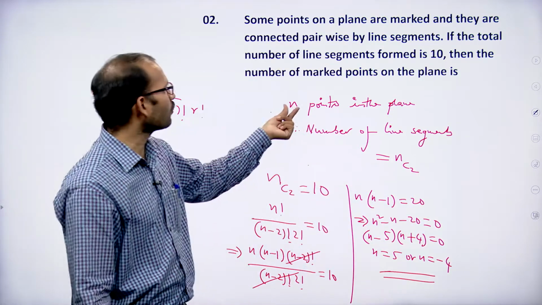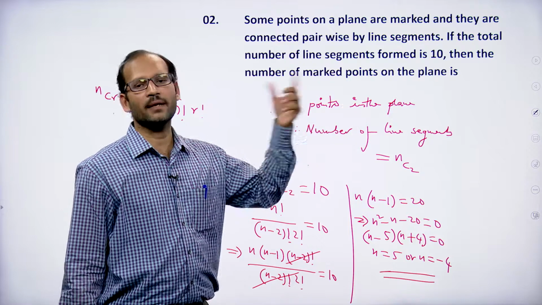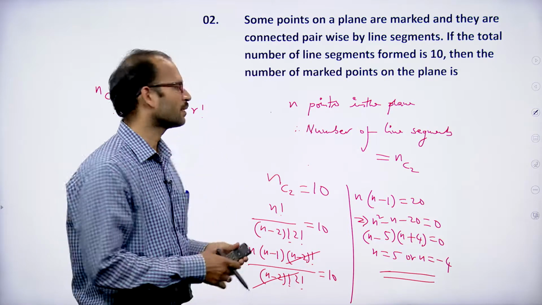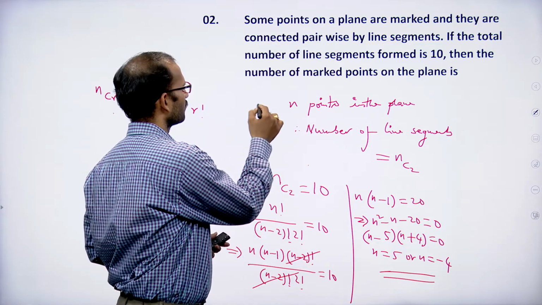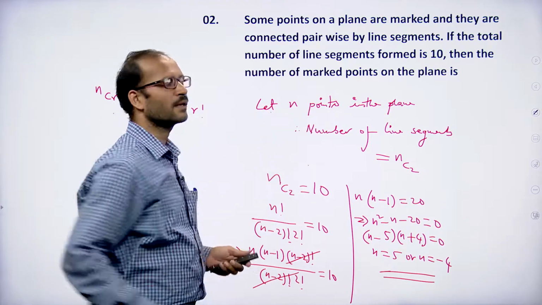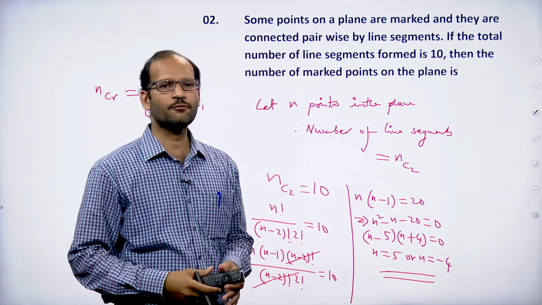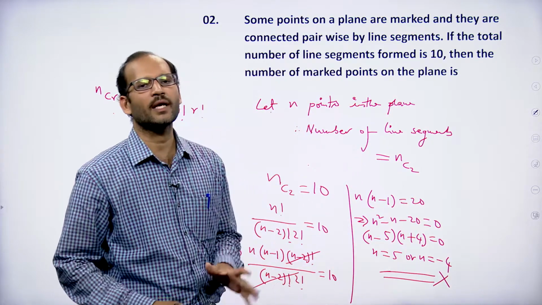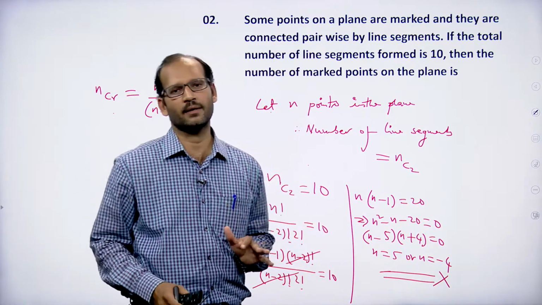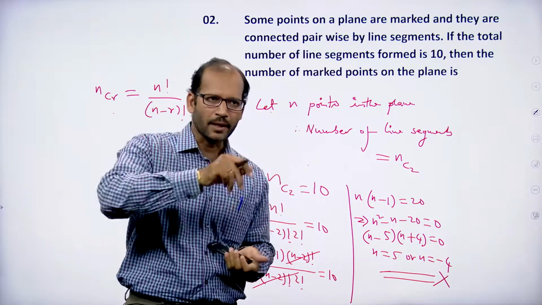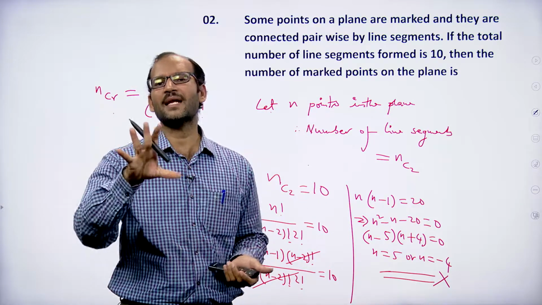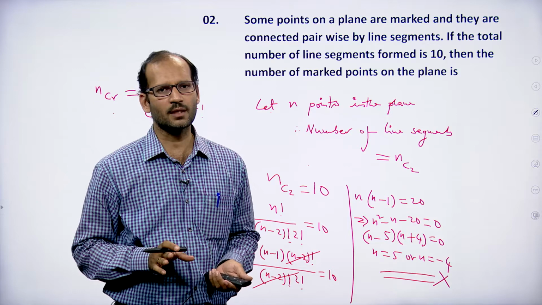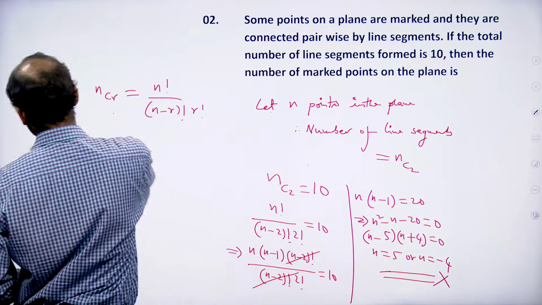Because n is the number of points, let there be n points in the plane. So this is ruled out. Therefore, n equals 5. That means there are 5 points in the plane. Join any 2 points, you will get 10 line segments. Yes or no? Let us see the solution once.